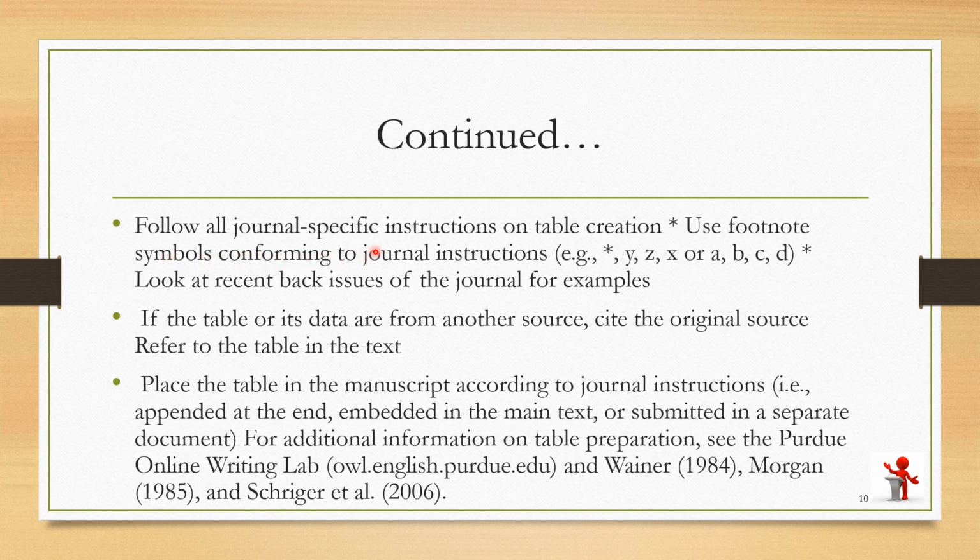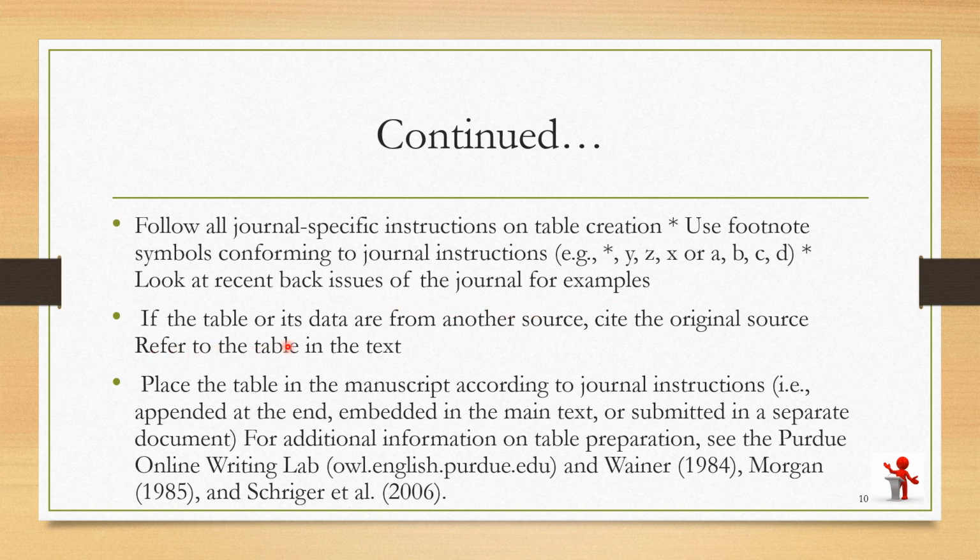Follow all journal-specific instructions on the table creation. Use footnote symbols conforming to journal instructions such as asterisk, dagger, double dagger, or A, B, C, D. Look at recent back issues of the journal for example.